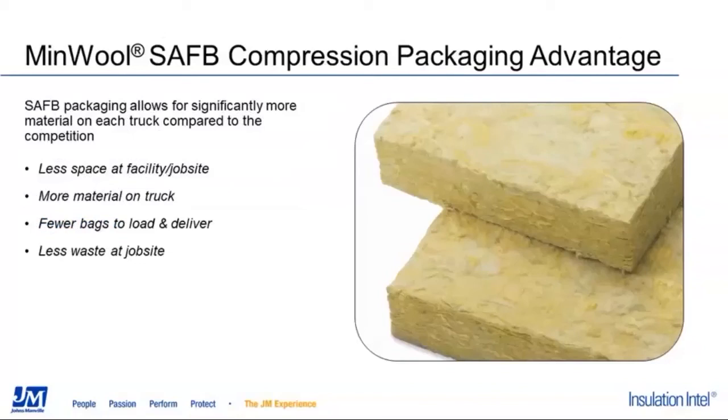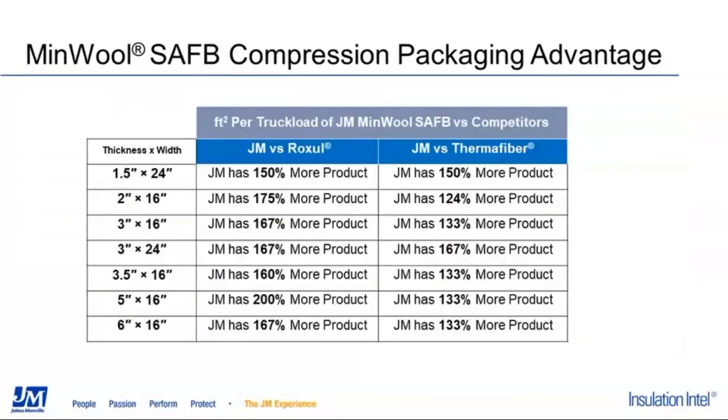It's fewer bags on the job site, fewer trips to a job site, and less waste with poly on the job site. So advancing on to the next one, you get an idea of the degree of that advantage for various SKUs. This is a big deal, and we've had a lot of success with this strategy, and having this compression packaging has really helped our customers a great deal.